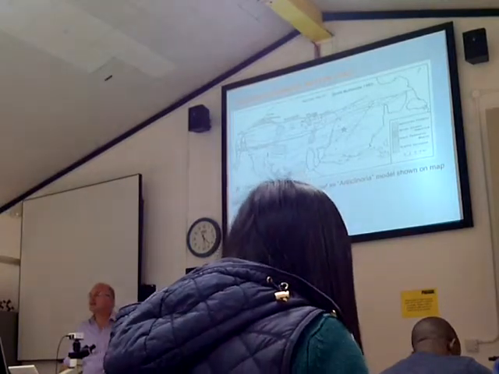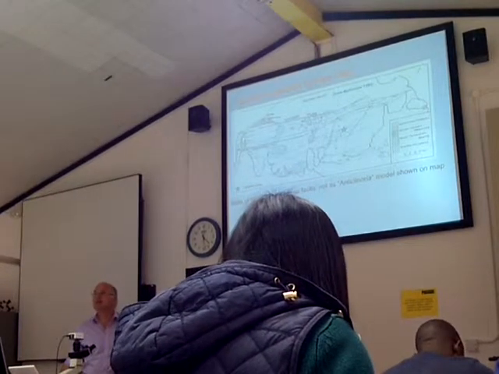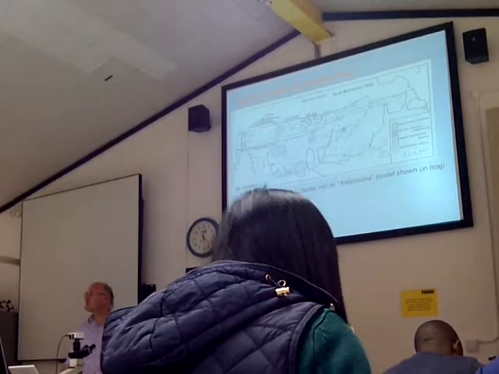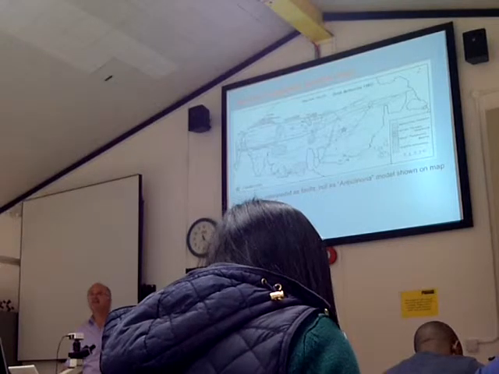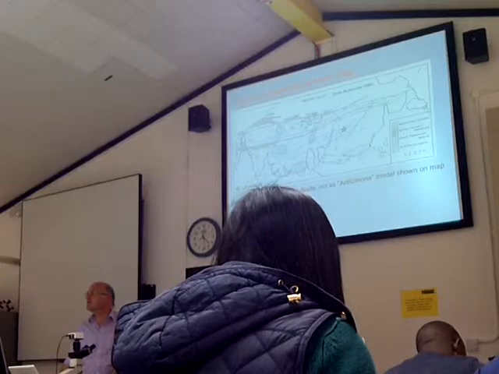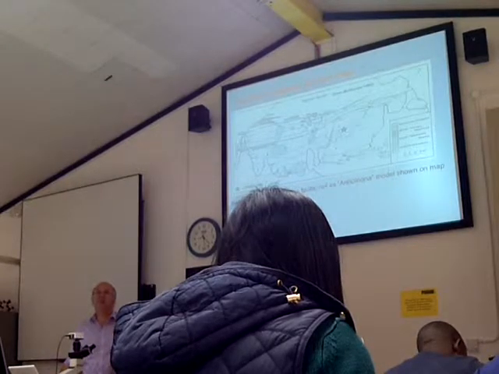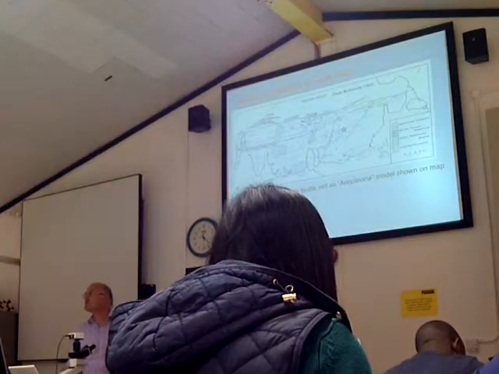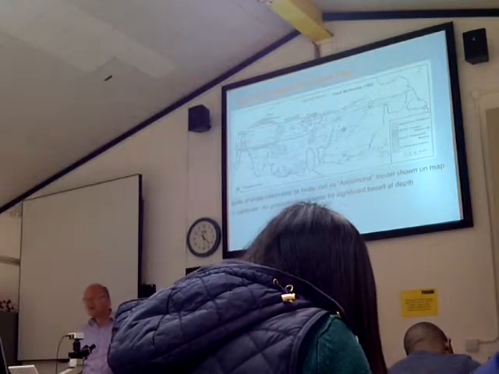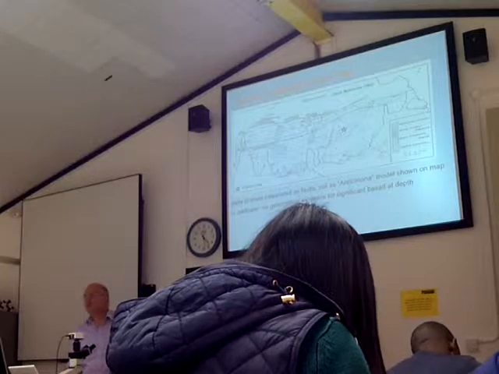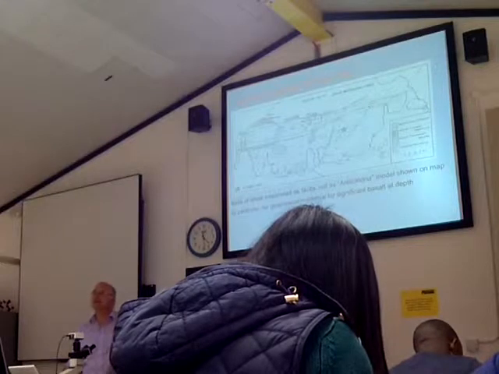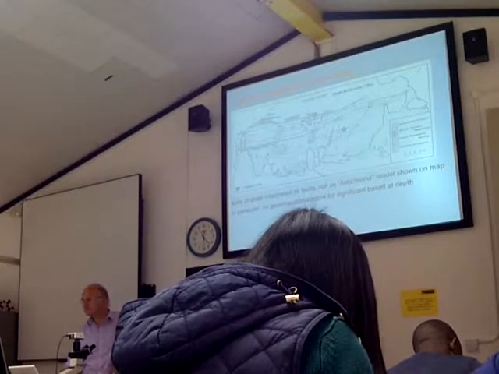We know that that cross-section is wrong because that cross-section predicts large amounts of basalt at shallow depth, and large amounts of basalt would have a strong gravity and magnetic signature which is not present under the southern uplands. So there's no evidence for significant amounts of basalt at depth under the southern uplands.